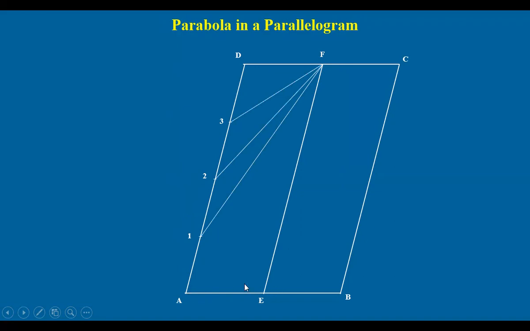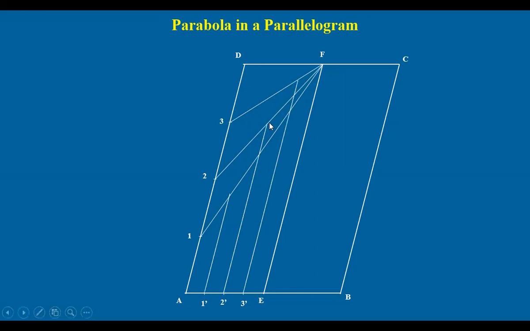Divide AE into the same number of equal parts, say 4 parts. Name them from A: 1 dash, 2 dash, 3 dash. Passing through 1 dash, draw a line parallel to AD, not perpendicular, up to the first line. Through 2 dash up to the second line, 3 dash up to the third line.